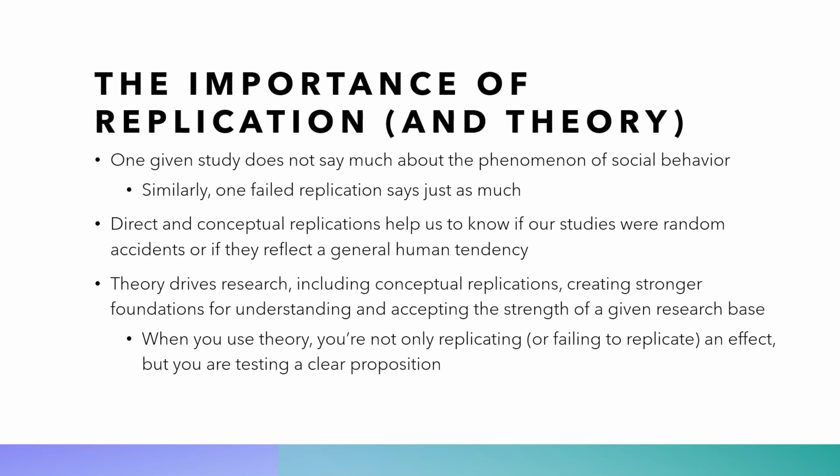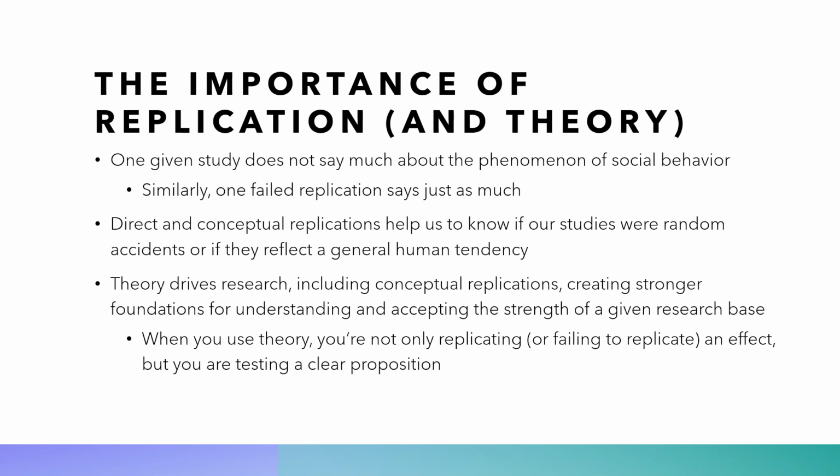Direct and conceptual replications help us know if our studies were just random little accidents or if they actually reflect a general human tendency. The fact that that study we just talked about wasn't replicated for 20 years is a little insane, right? The idea that people are walking more slowly when primed with age should be accepted based on one study just does not seem appropriate to me whatsoever.